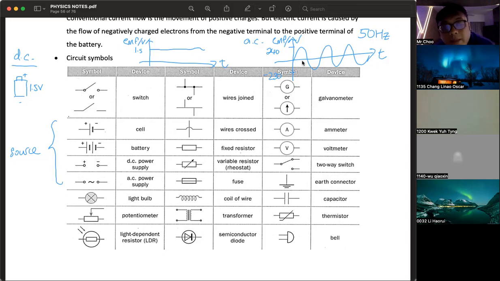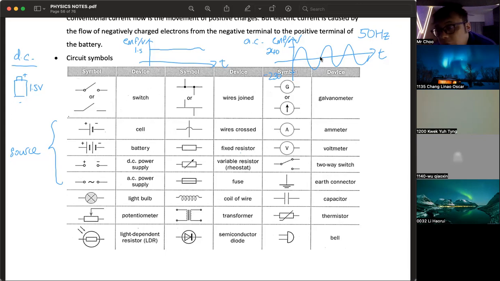When you buy things that are able to fit in Singapore, you must make sure that our Singapore voltage is 240 and the frequency is 50 hertz. 50 hertz means that there are 50 complete sine waves happening every second. So that is for Singapore.